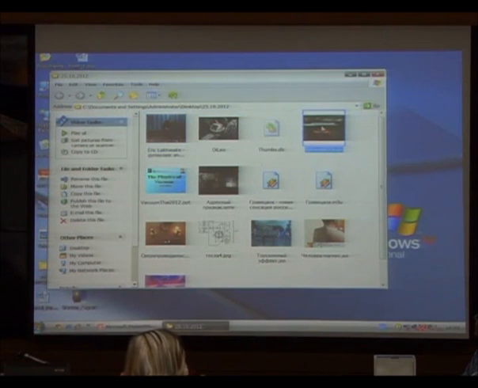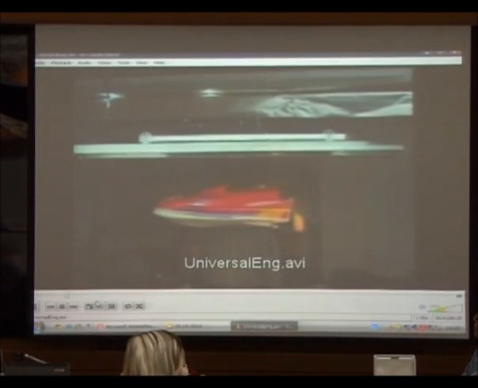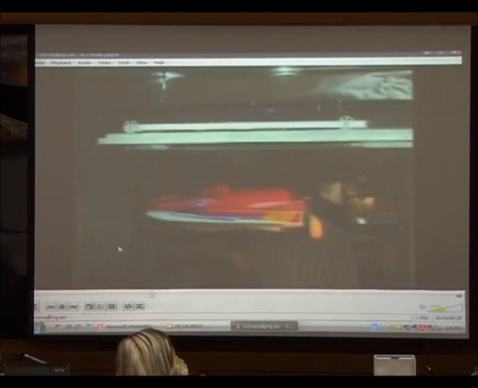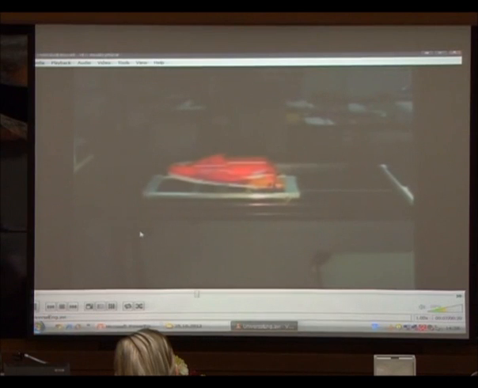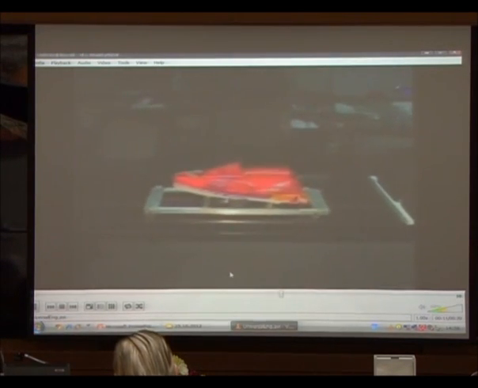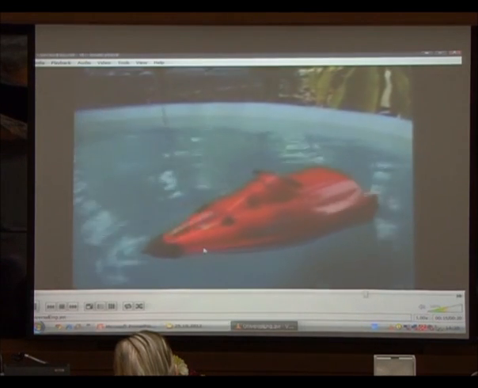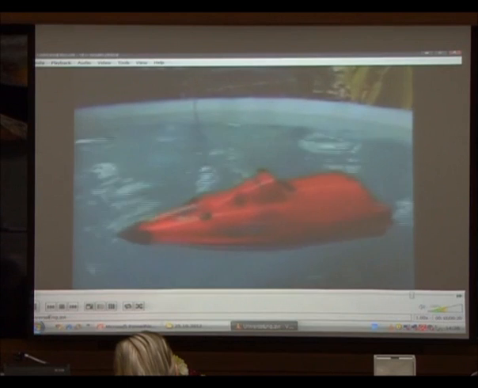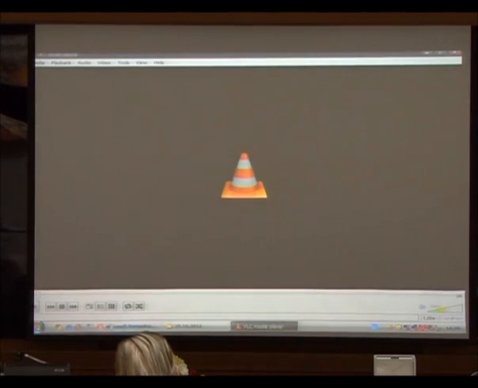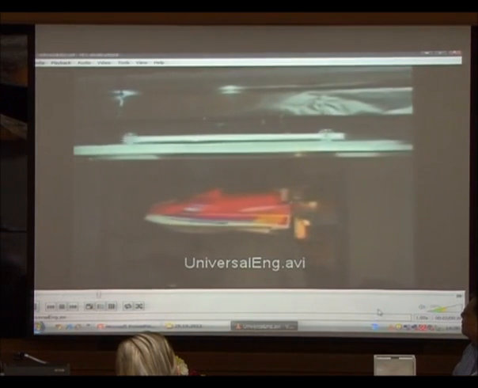The universal engine. Inside of this load, we have a 4D boat. We have a small 4D gyro. The boat is suspended now, you see.